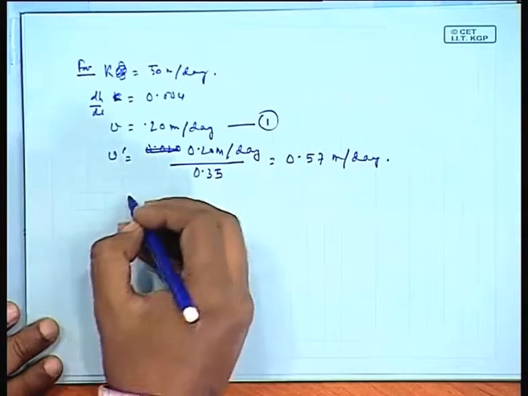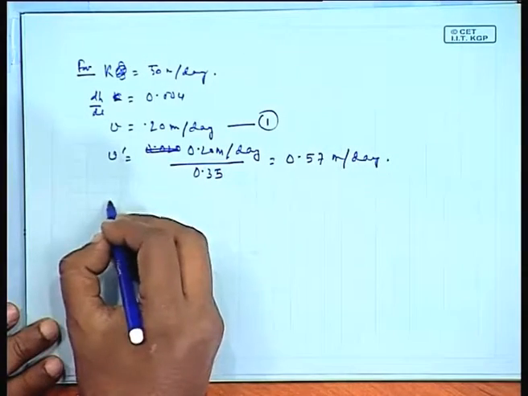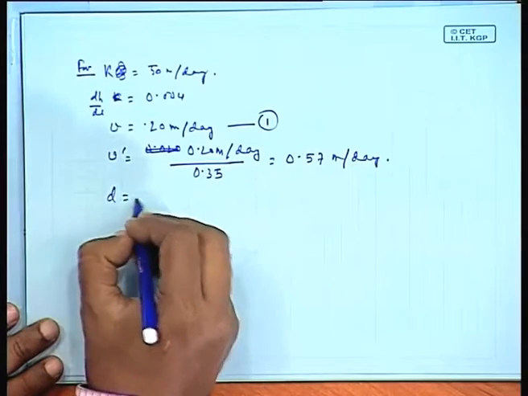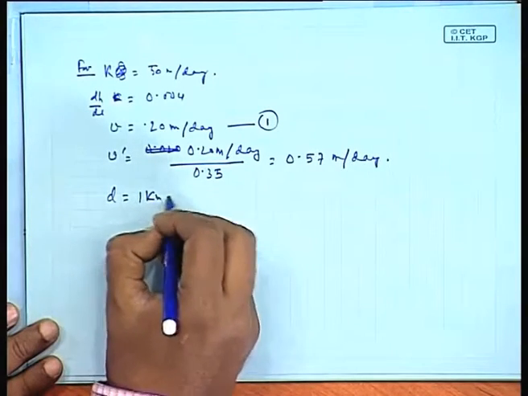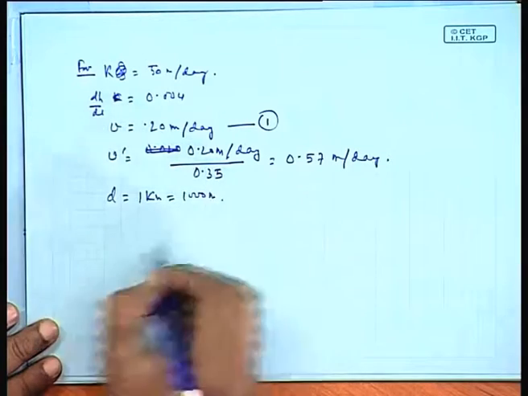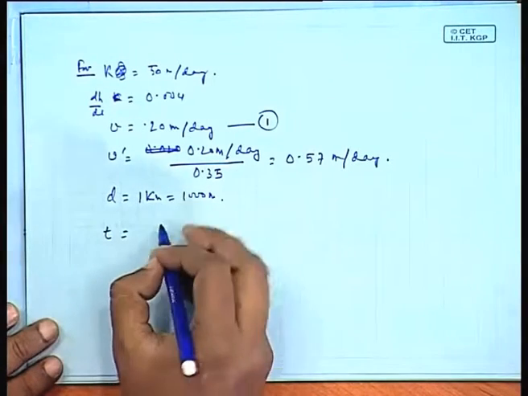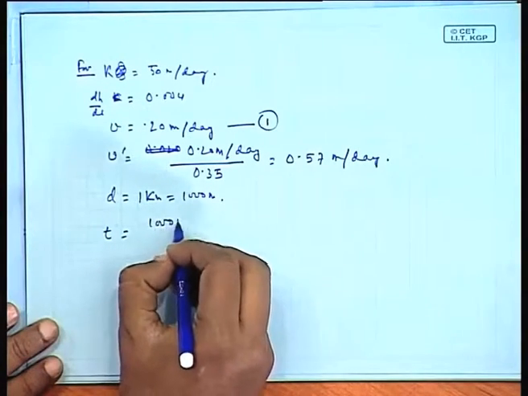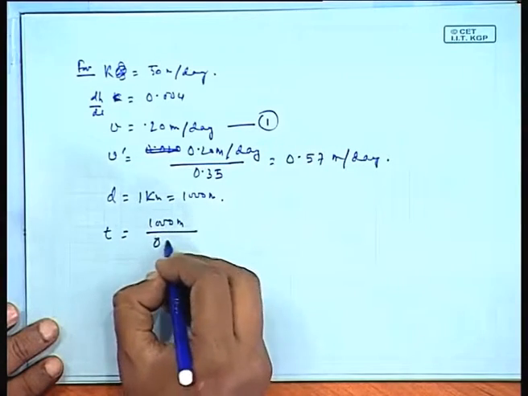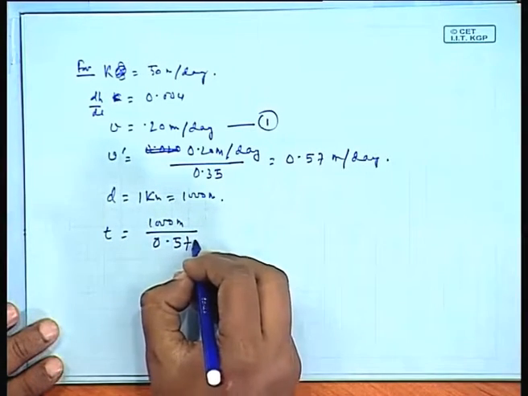Now, if it has to travel a distance of, say, 1 kilometer, this is 1000 meter. The time required is 1000 meter divided by 0.57 meter per day.